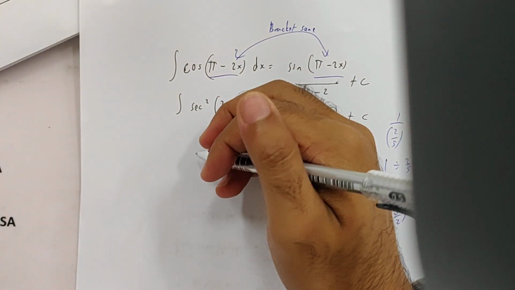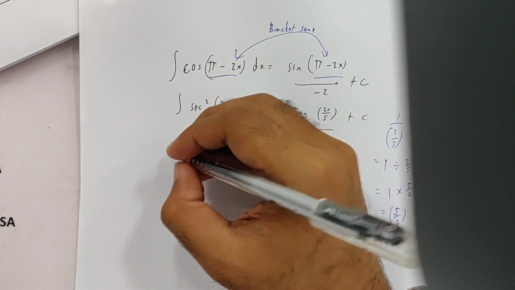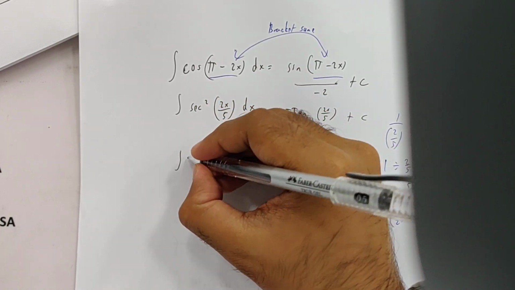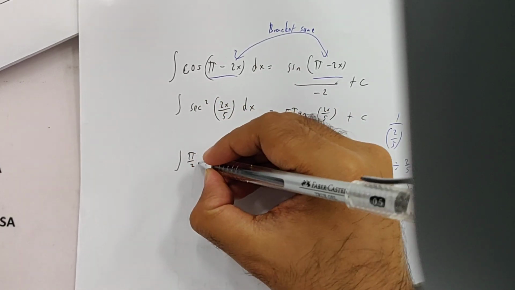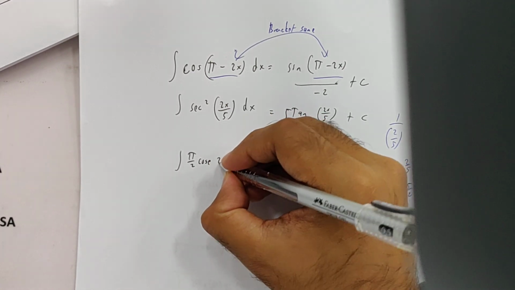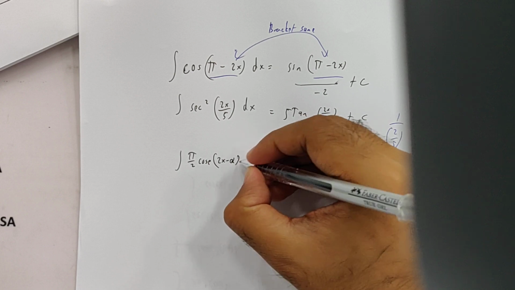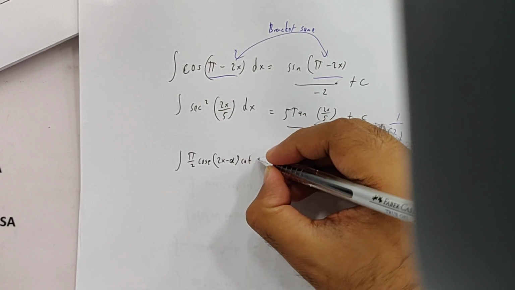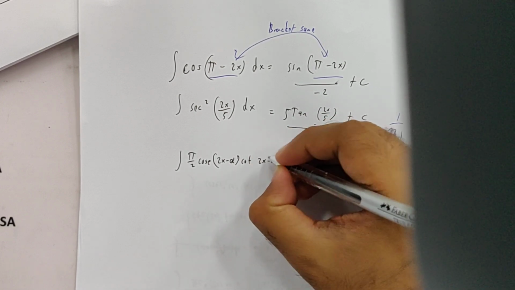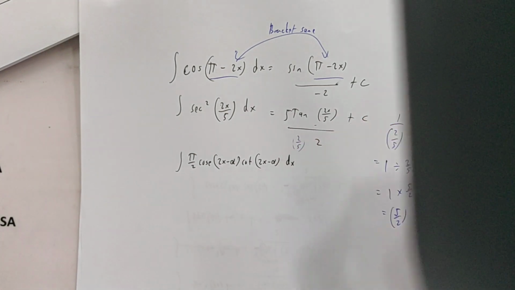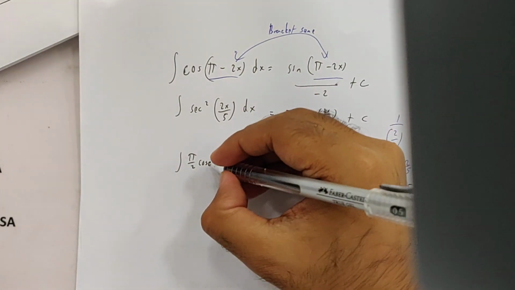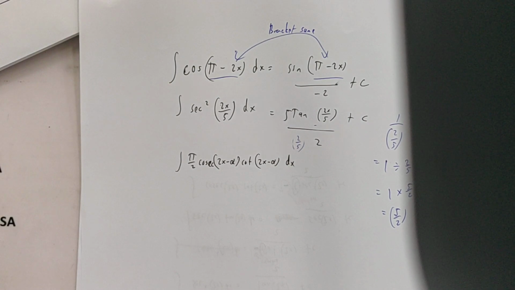So now let's make things a bit harder. What about if I were to integrate this? Cosec there. Which formula?